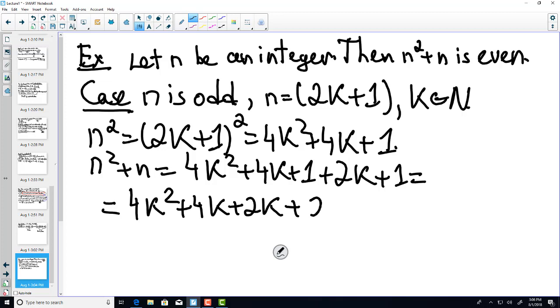So what you can see is that each component is even, and we know that the sum of even numbers is even, so the whole thing is even.